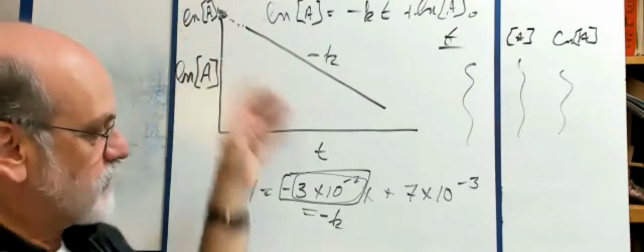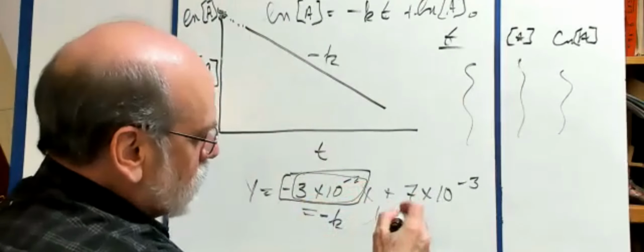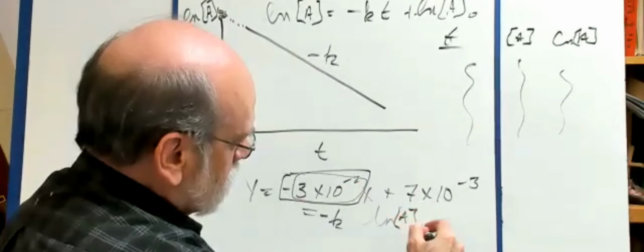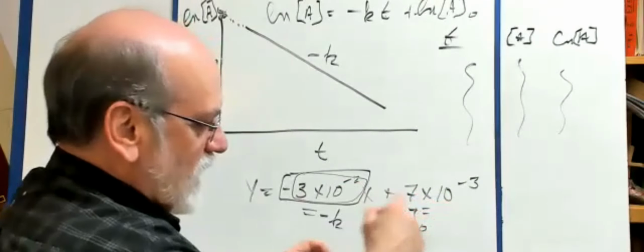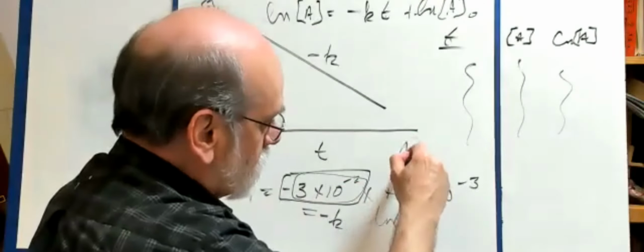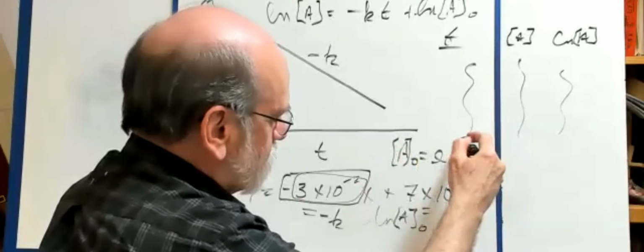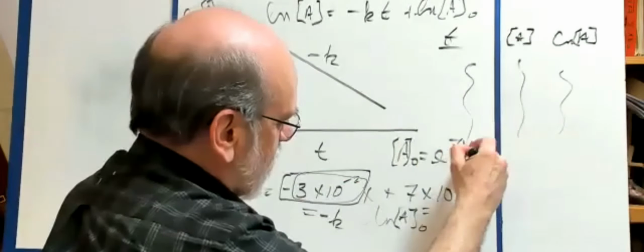So you would have to make the conversion to find out what actual A is. Okay? So if this were it, and log A0 is equal to this, then A0 would be e to the 7 times 10 to the minus 3.